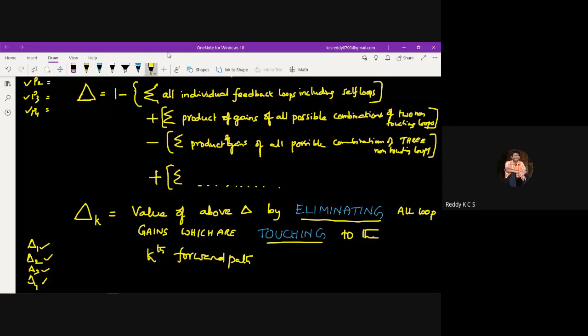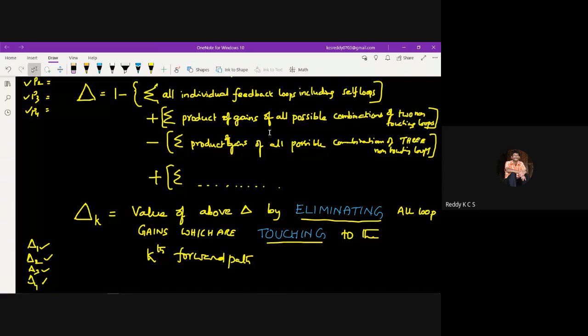The product of gains means, as I told, L1 and L2 is one combination, a two non-touching loop, and the product of gains is L1 into L2. Similarly, for three non-touching loops, it is L1 into L2 into L3.